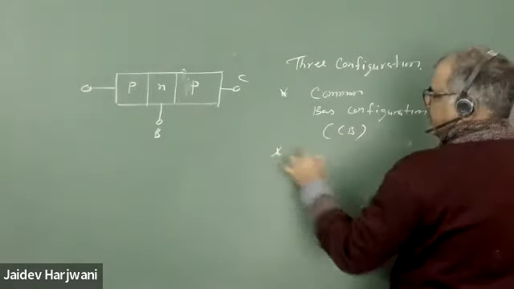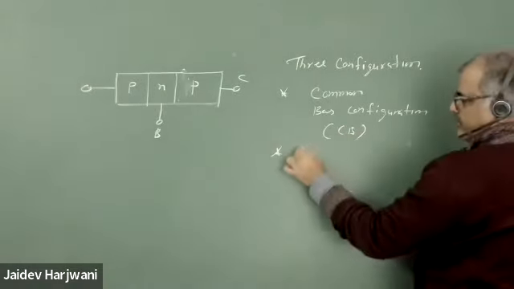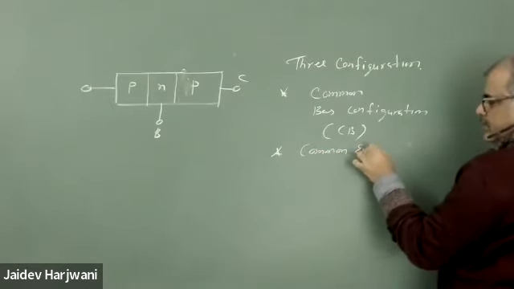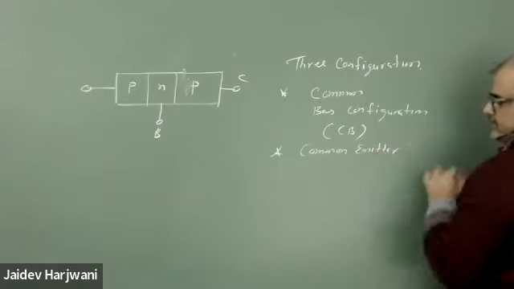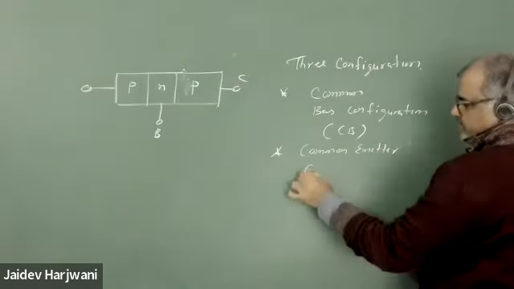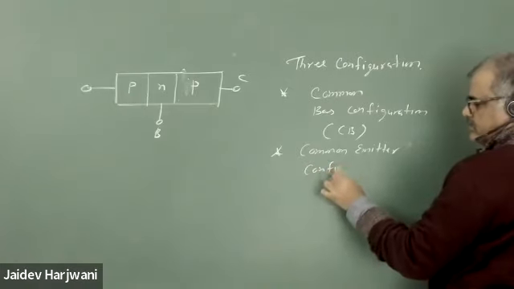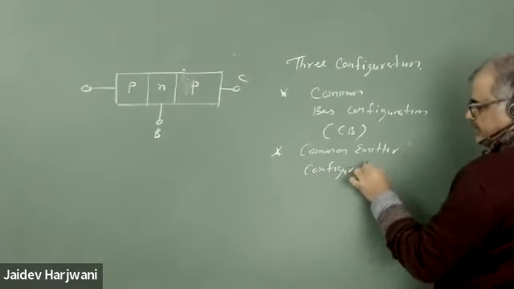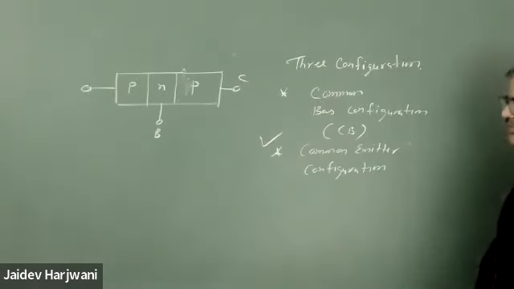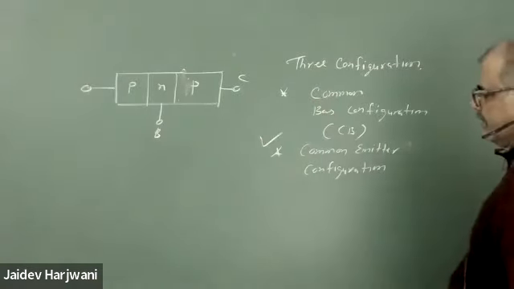And number two is your common emitter configuration. These types of configuration have different characteristics. So we generally use this common emitter configuration. We'll discuss the others also.